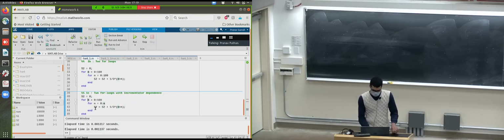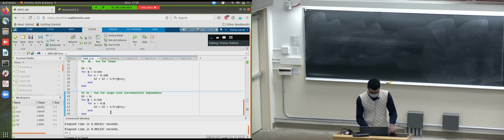So when that happens, your value of S2 will change during each value of m. So for example, if m is 1, n is going from 0 to 1. If m is 2, n is going from 0 to 2. So the inner loop has a different number of operations during each value of m.